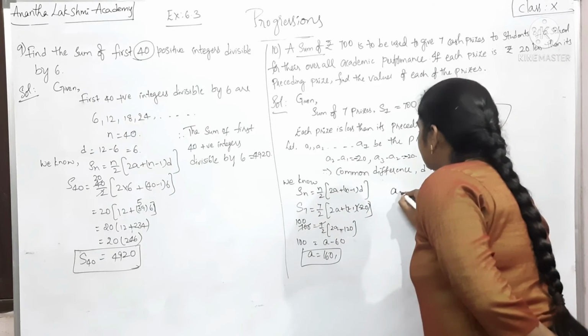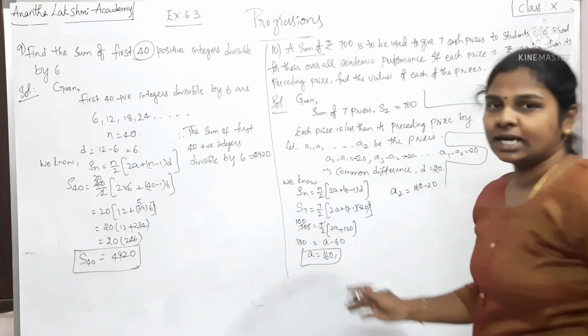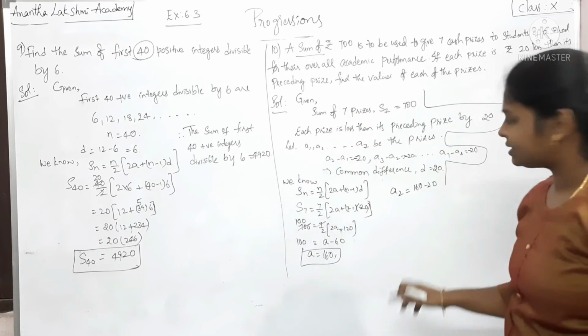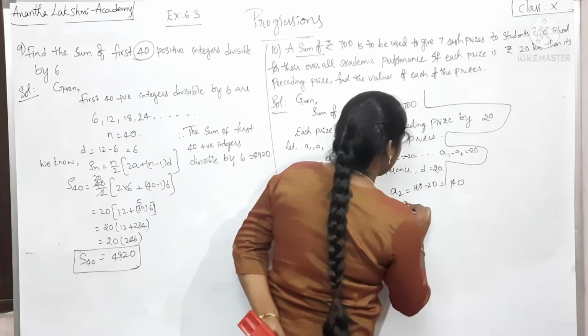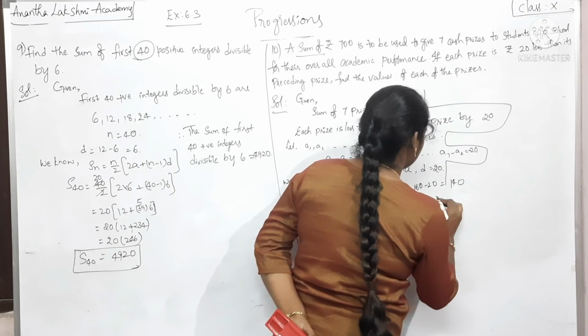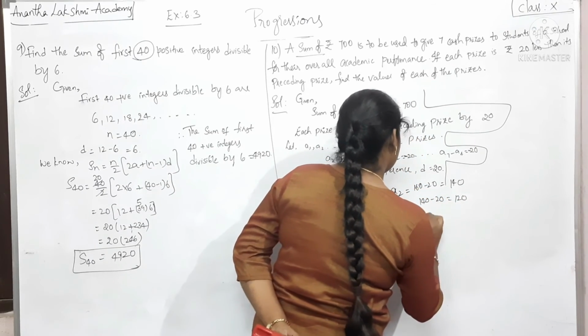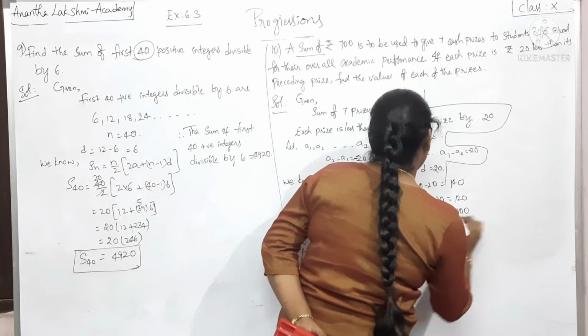So A2 is 160 minus 20, because each prize is 20 less than its preceding prize. So A2 is equal to 140. Similarly, A3 is 140 minus 20, which is 120. A4 is 120 minus 20, 100.